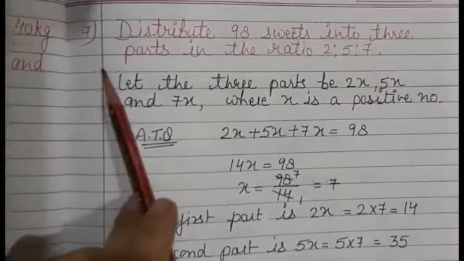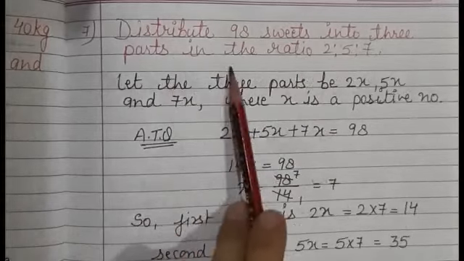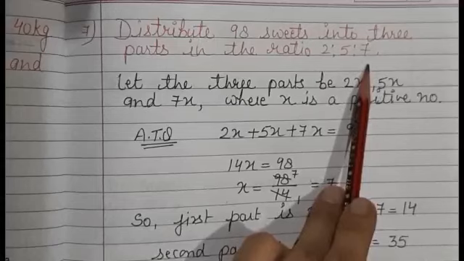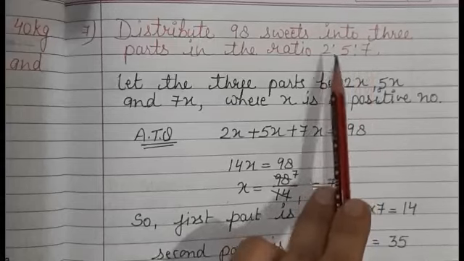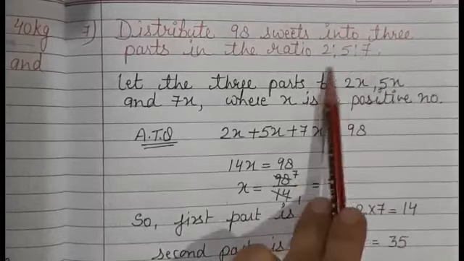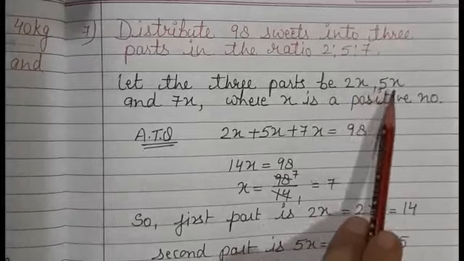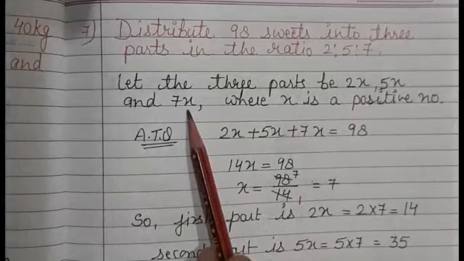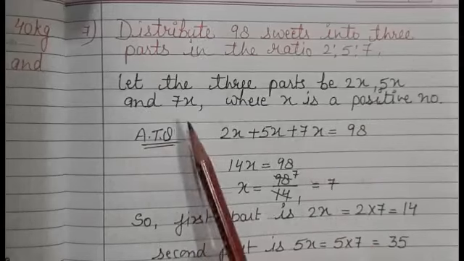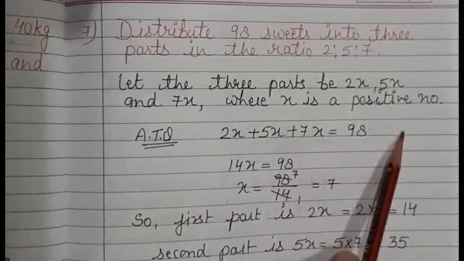Now 7th numerical, distribute 98 sweets into 3 parts in the ratio 2:5:7. So if we have to write these 3 parts separately, then we can write as 2x, 5x and 7x. So let the 3 parts be 2x, 5x and 7x, where x is a positive number, right?